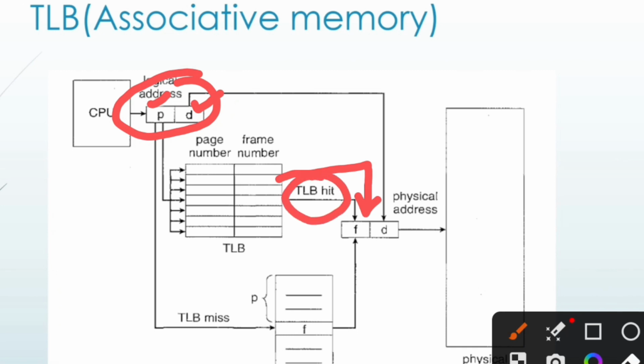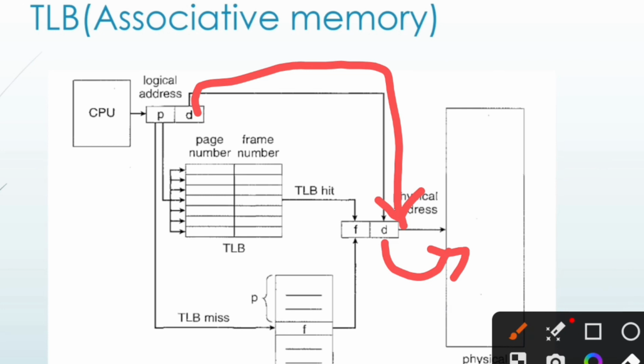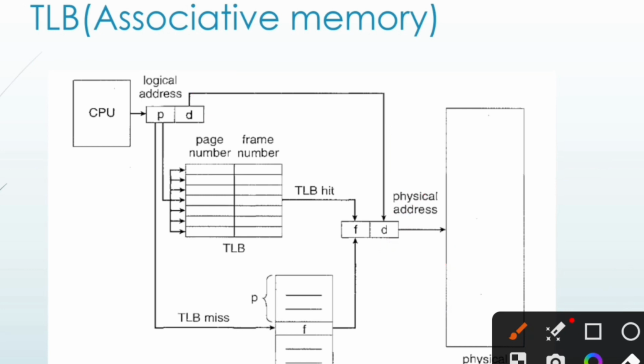That is a TLB hit. That means we found it and the corresponding frame number is returned. Let's say F is the frame number and D is the offset. The same offset is passed over here. If we combine the frame number with the page offset, we will be able to arrive at the physical address. This is the case of a TLB hit.